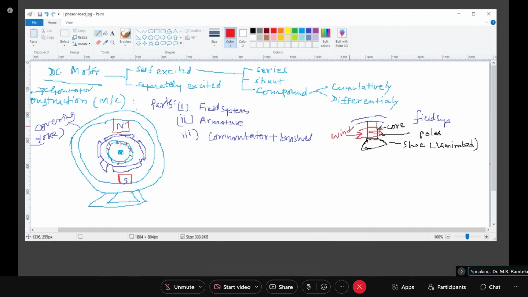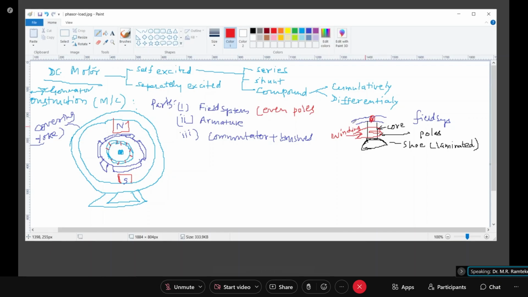So we will have a field system with an even number of poles, north pole and south pole. On each pole, this structure will be there. The pole is bolted to this yoke. It may be welded also, riveted also, or screwed also.